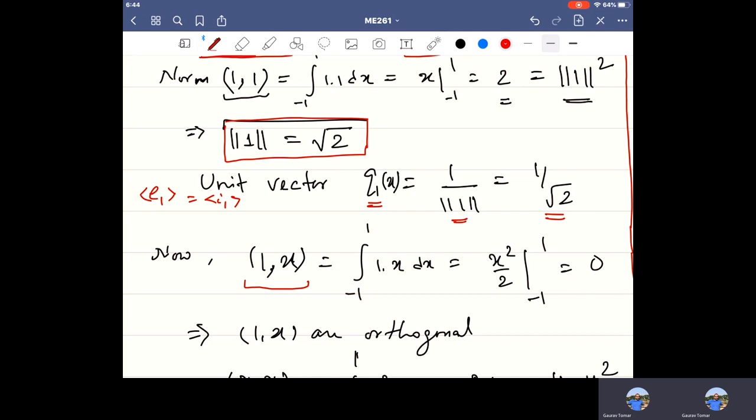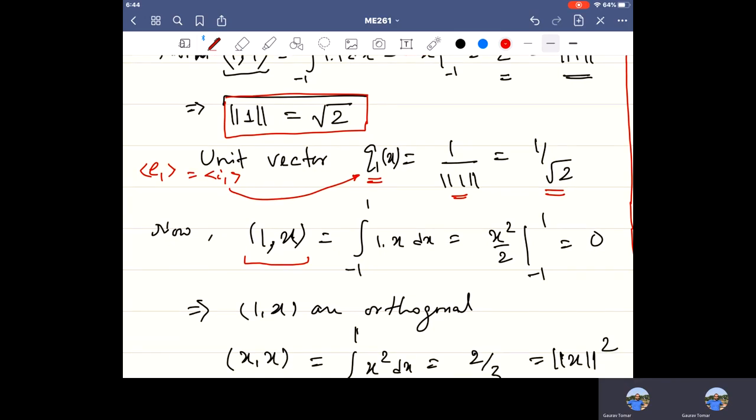In the same way, this i1 is essentially your q1. Now we want to find i2, so let's pick x. We can write i2 as e2 plus a multiple of i1, correct? We'll follow the same procedure here.